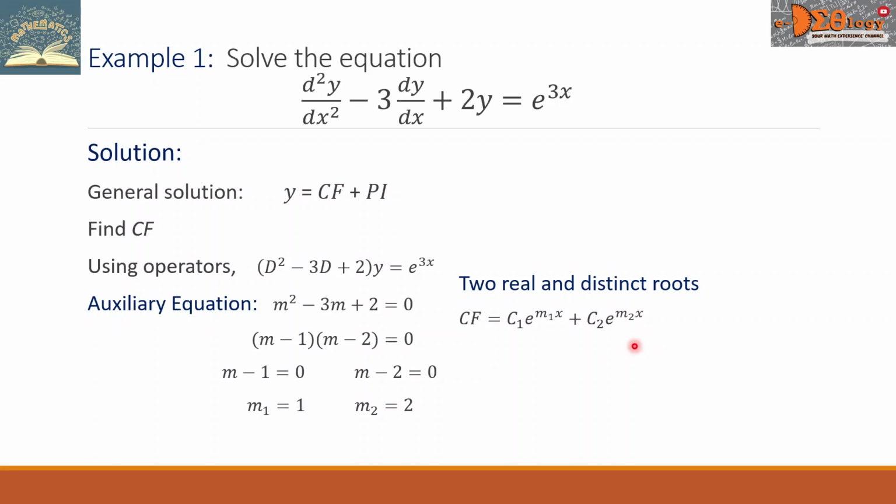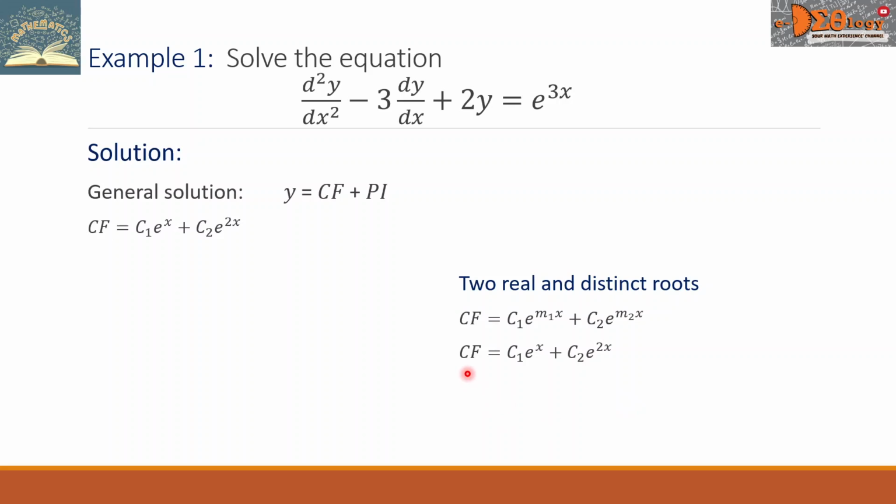We simply substitute the values of m sub 1 and m sub 2 respectively. So the CF is equal to c sub 1 times e raised to x, that is m sub 1 equals 1, plus c sub 2 times e raised to 2x. Our m sub 2 is equal to 2.